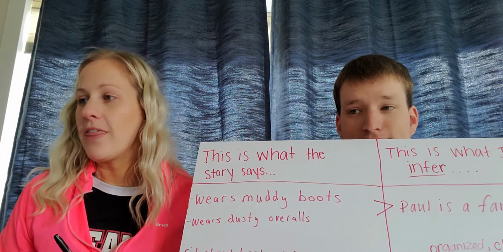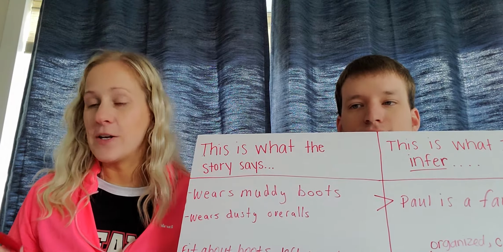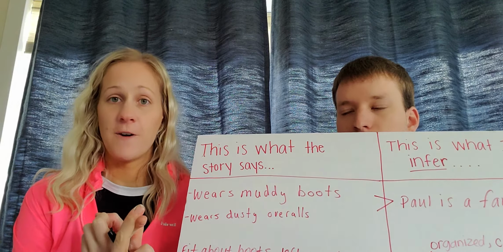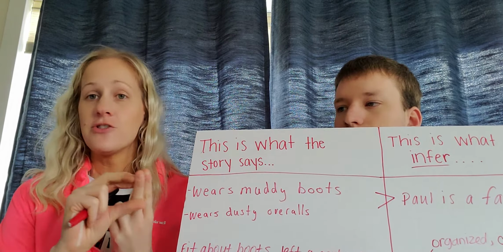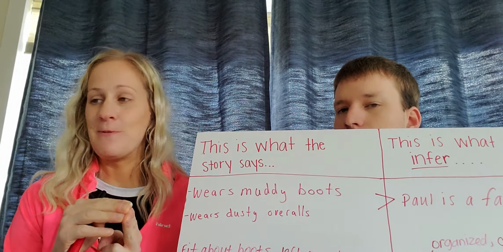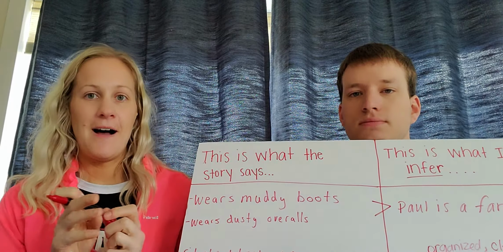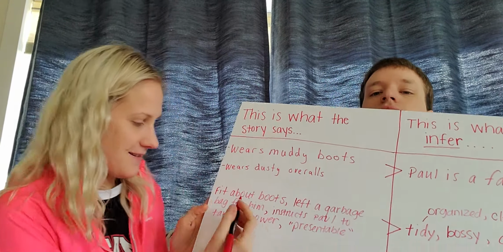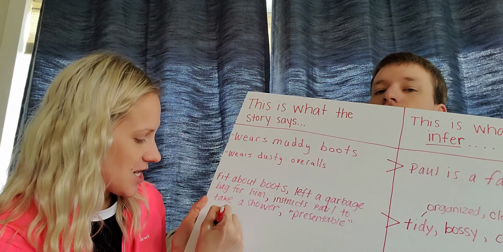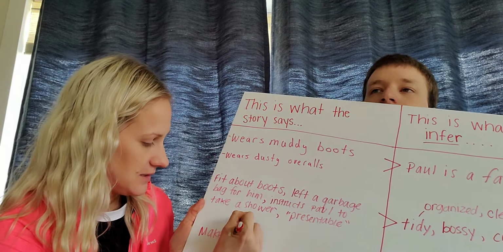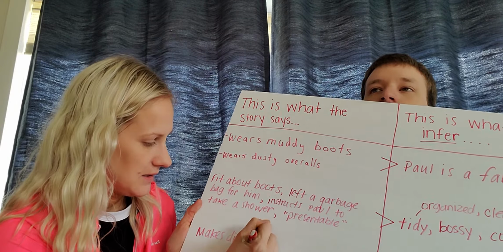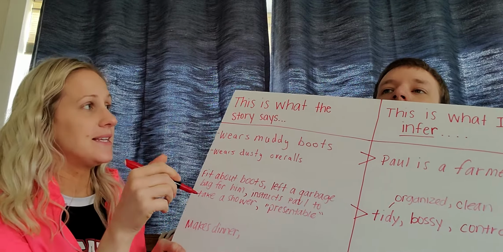So when we think about Alice making the dinner for him and instructing him about what he has to do before he can have the dinner, I'm going to come down here, right? So she makes the dinner. Yep. And then she's home while he's at work, right? Yep.